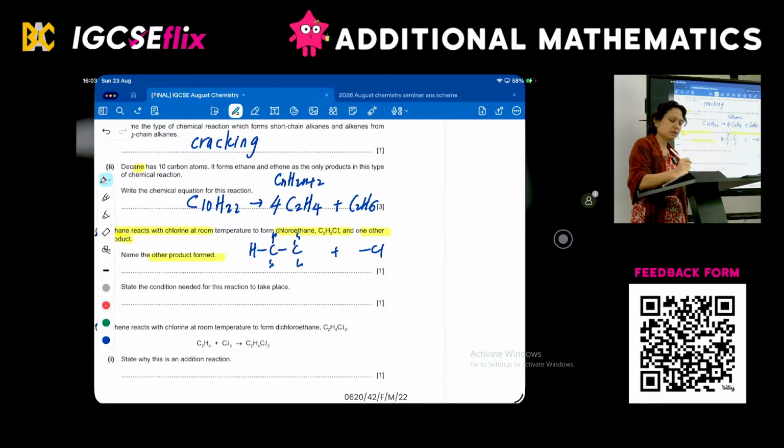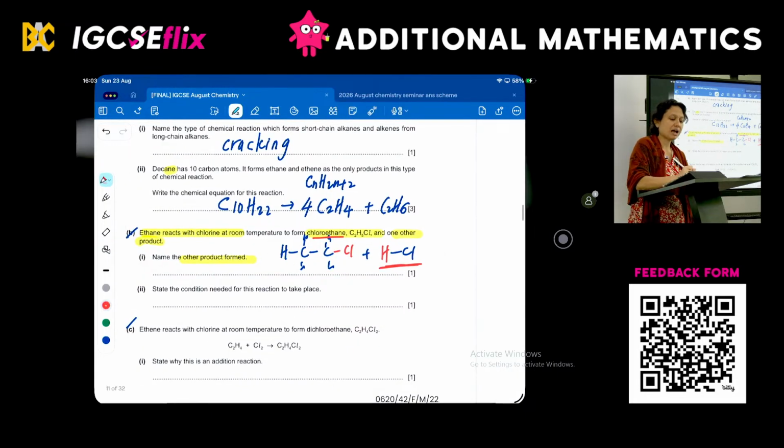So here becomes Cl, here becomes H. Now this one is chloroethane. What is HCl? You cannot write hydrochloric acid, because hydrochloric acid is only hydrochloric acid when it dissolves in water to form aqueous. This is called hydrogen chloride.